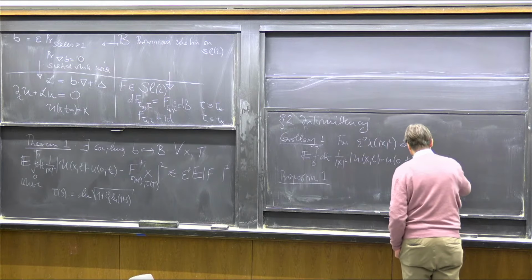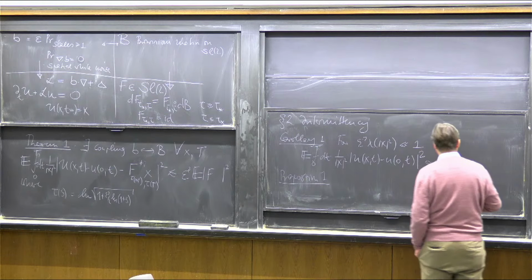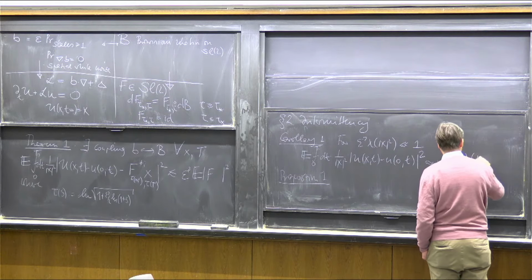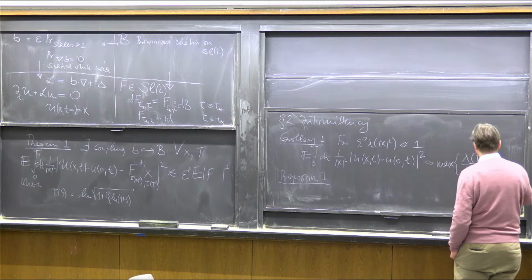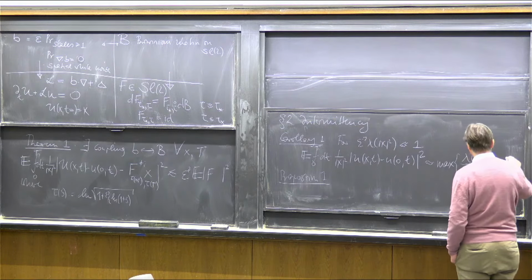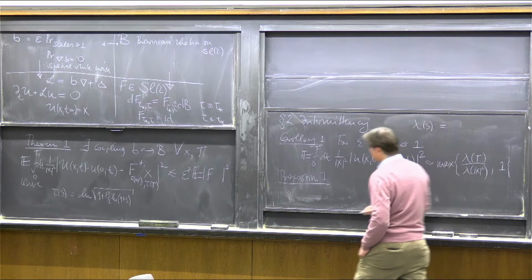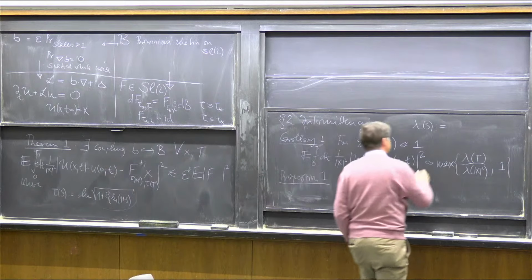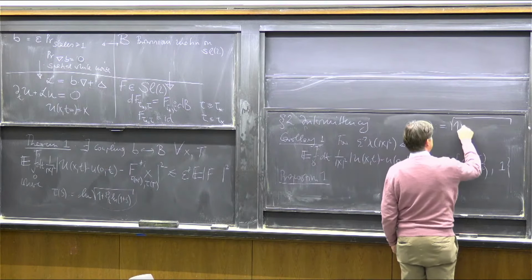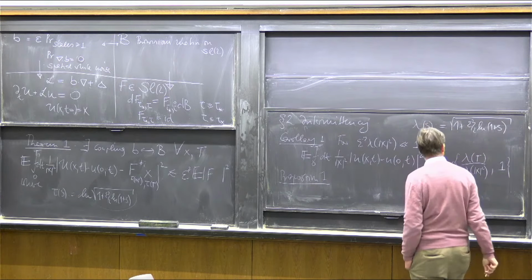Namely, that this here was essentially behaving like the maximum of a ratio of lambda of t and lambda evaluated x squared, where lambda of s is defined as exactly this object: square root of 1 plus epsilon over 2 logarithm 1 plus s.